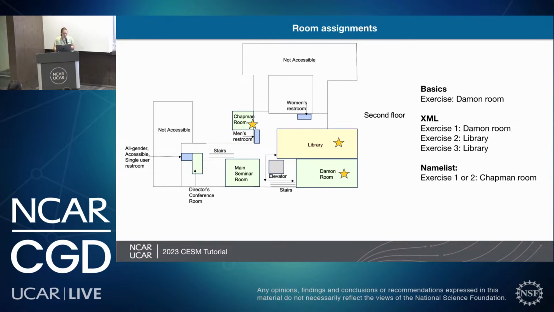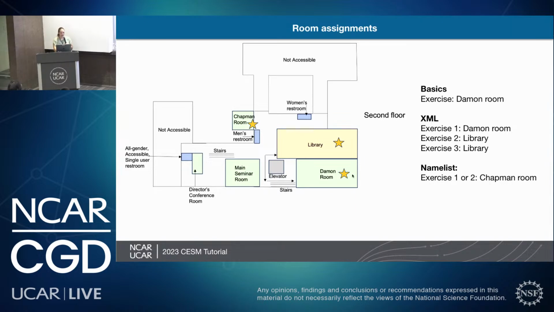Along those lines, the reason we're splitting you up by these groups is that we want to make sure we have the right number of helpers in each room for the number of people there are, and where you are along, so that by the end of tomorrow, hopefully we've all gotten through these communal exercises so that you can go into the diagnostics and the challenge exercises having completed these, because otherwise you probably won't be able to do the challenge exercises. So if you're working on the basics exercises or the XML exercise number 1, go to the Damon room, either inner or outer, whatever's fine.